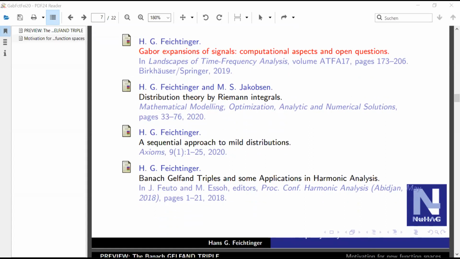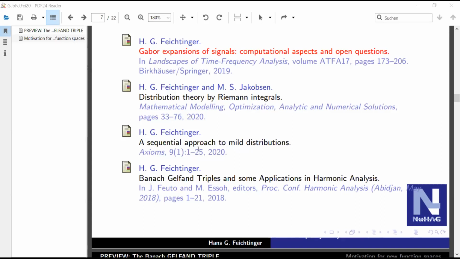Another idea is the idea of sequential approach. If you do distribution theory, there is the approach by Lighthill. So instead of talking about the dual space of a nuclear Fréchet space, you're taking sequences and you're taking equivalence classes of sequences. Now, the difficult thing in the Schwartz setting is to prove that if you have some equivalence classes of nice Cauchy sequences of nice objects, that you really get continuous linear functionals.